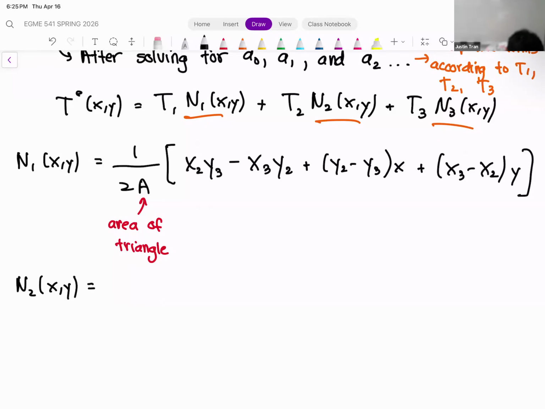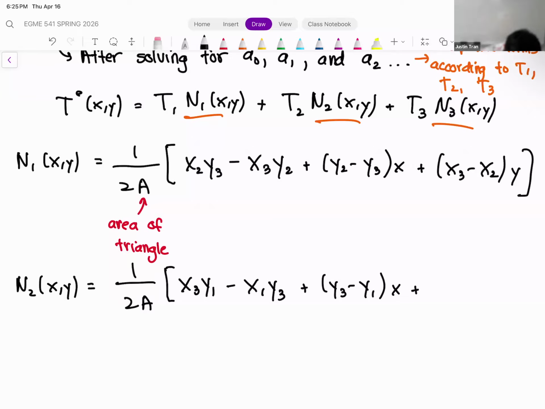The second shape function is 1 over 2a multiplied by x3, y1 minus x1, y3 plus y3 minus y1 multiplied by x plus x1 minus x3 multiplied by y.